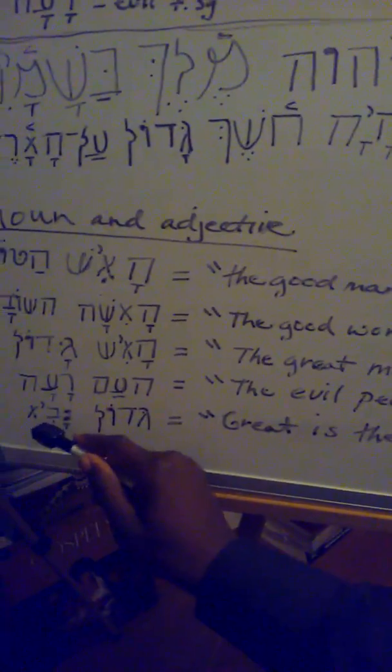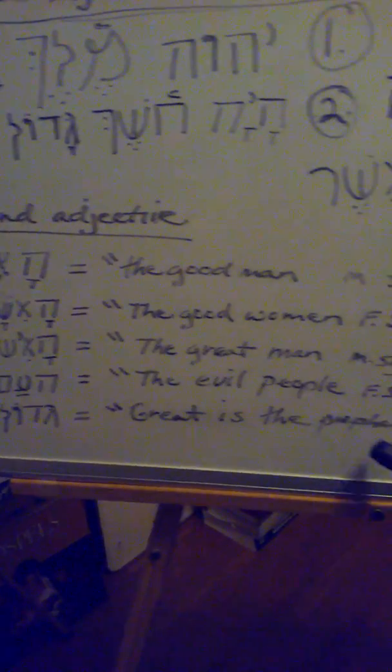Gadol navi. Great is the prophet. Again, just as the verb usually precedes the subject in traditional Hebrew, usually the adjective will come after the noun or the subject.